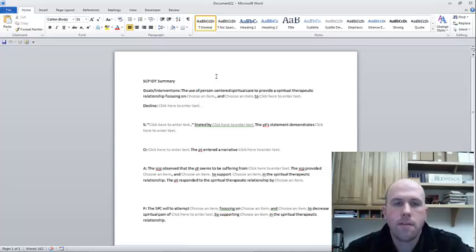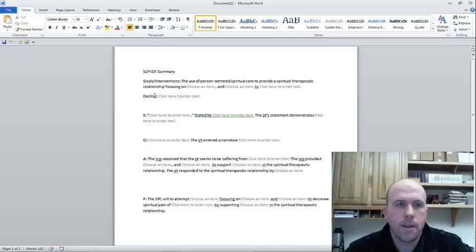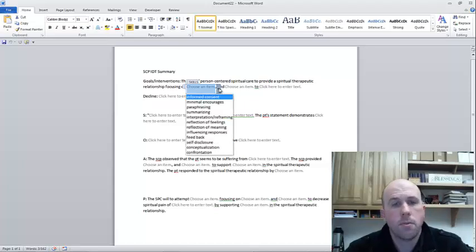Now, if you notice, the form is the exact same, starting with just what type of note it is, an SCP IDT summary note, and then concluding with the plan of care. But what's interesting here is, if you watch now, the goal interventions, the use of person-centered spiritual care to provide a spiritual therapeutic relationship focusing on, and you click here and you actually choose one of the different helping skills that we're all going to be focusing on.